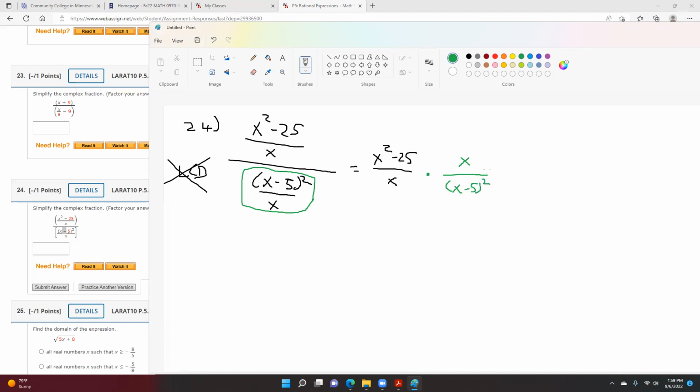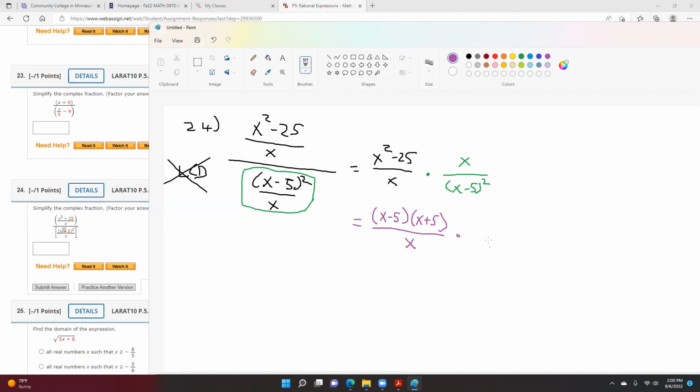Next thing we need to do here is we factor them. Now this time we can factor x squared minus 25. What's the factor for it? It's a perfect square with a negative. What's the factor for this one? x minus 5, and also x plus 5. Yep, the conjugate. And then the denominator is still x because you cannot factor that.